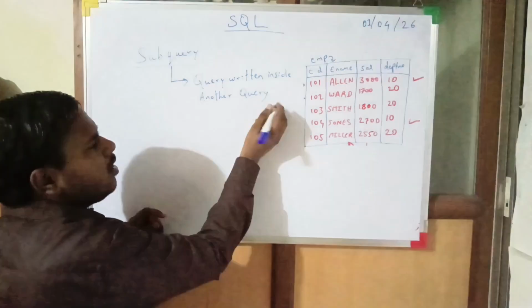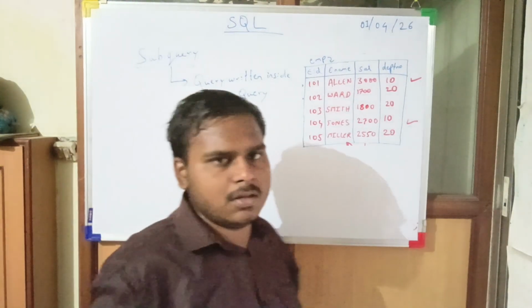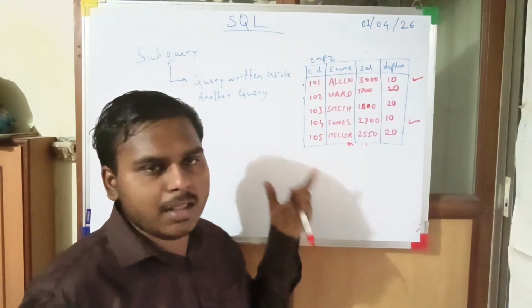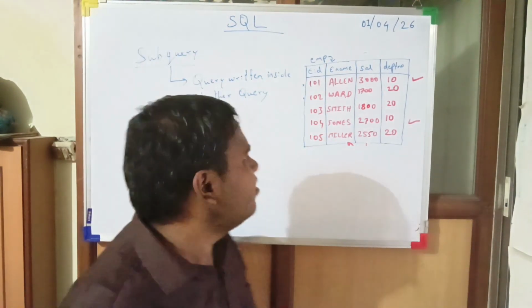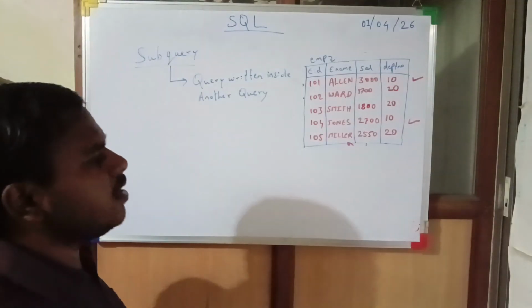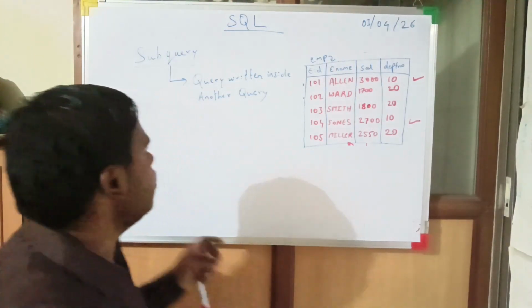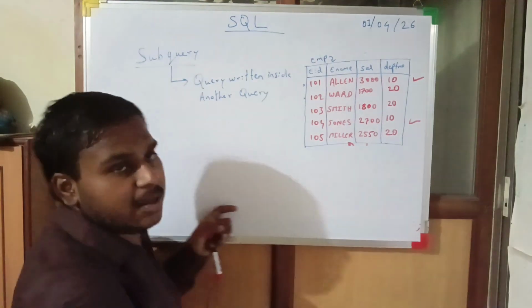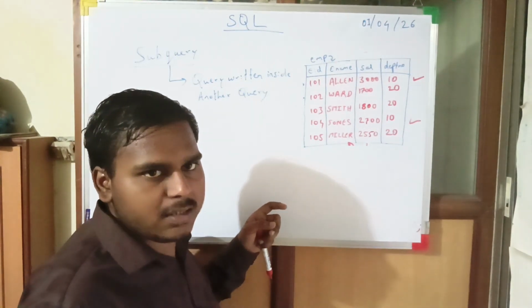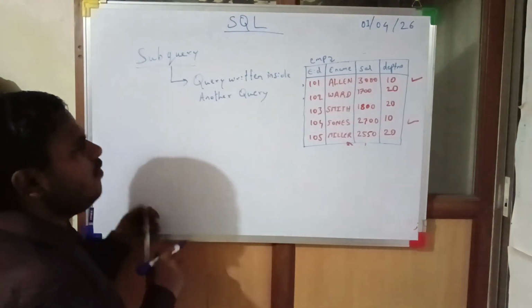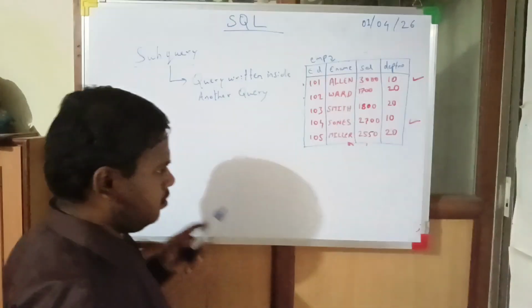In the example I gave, the inner query gives the output 2550, which is used for comparison by the outer query. Similarly, a query written inside another query is called a subquery, or you can say an inner query, as in the example I showed you.